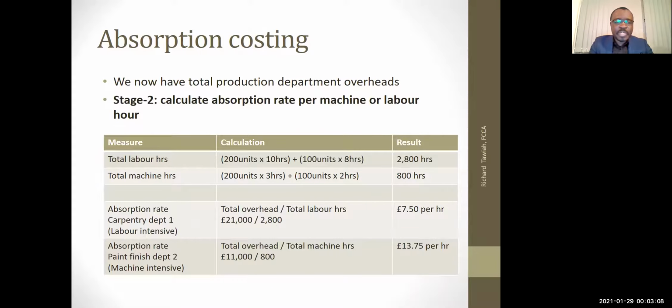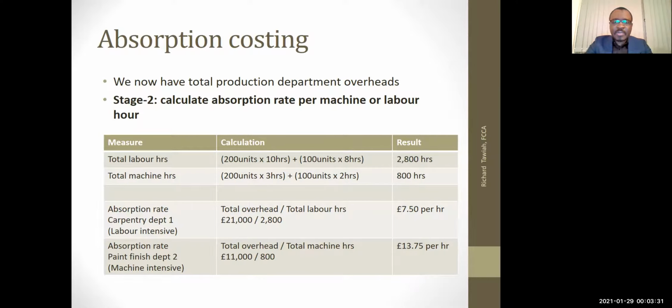So we move on and do the computation. In the first instance, for each product we want to get the total hours for the entire production process. The first product, Flying Z, we produce 200 units.